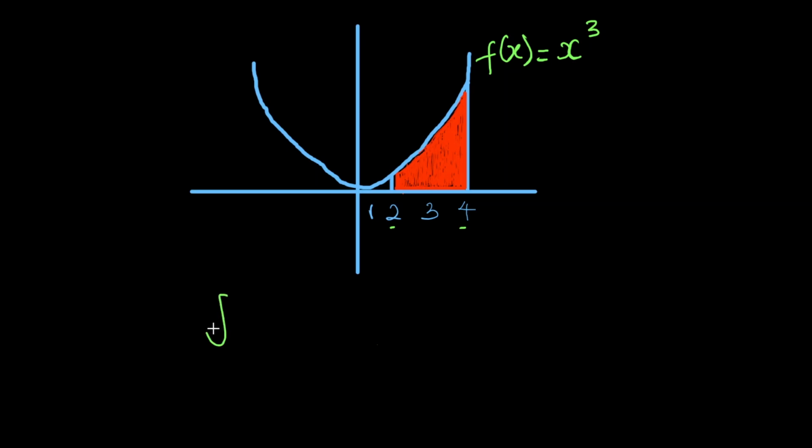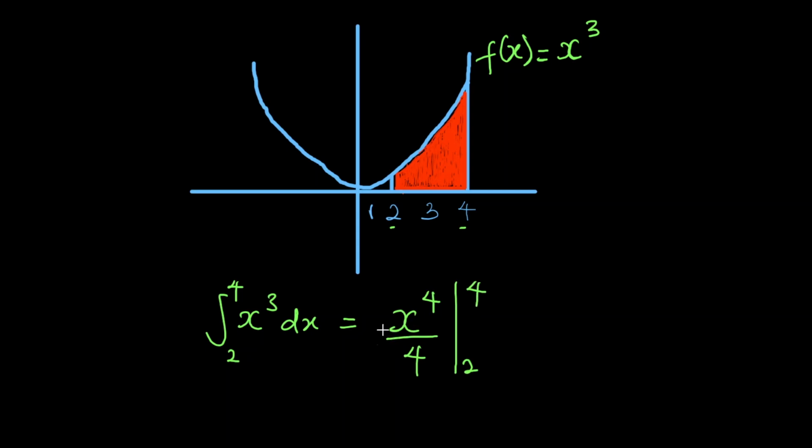Integral of x raised to the power of 3, the lower boundary is 2 and the upper boundary is 4, dx, and this becomes, first you need to know what your n value is, and here our n value is 3. So we are going to add 1 to it and also divide, and that becomes x raised to the power of 4 over 4 bounded by 2 and 4.